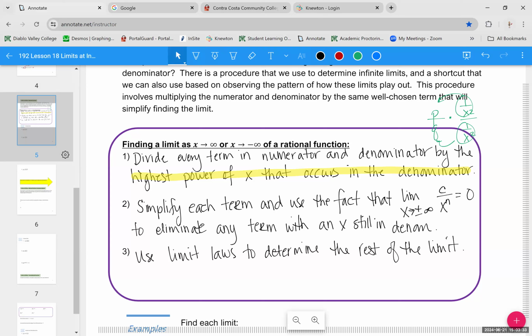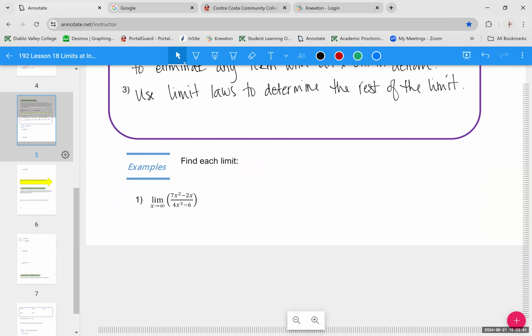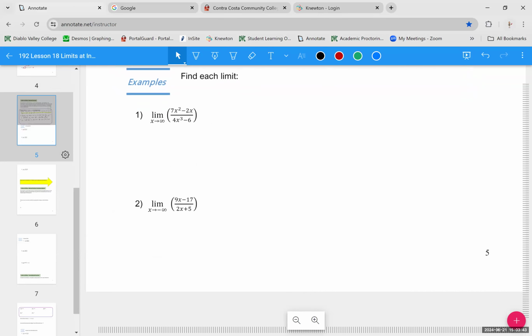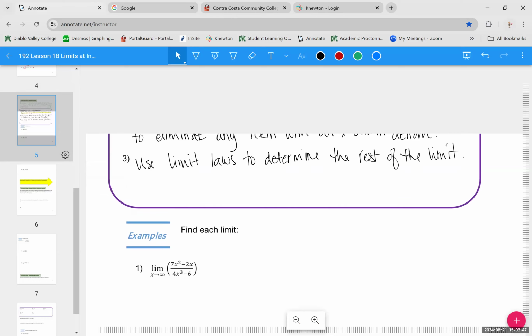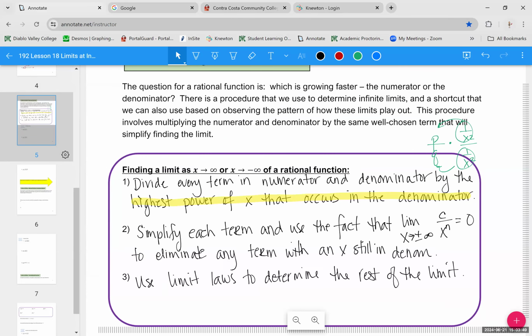Okay, so we're going to try it. I have 3 problems that we're going to try. And we're just going to go through this procedure. Now, before we apply it, I just want to take 1 second to go back and talk about when do I use this procedure? A lot of these videos we go through, here's how to do it.